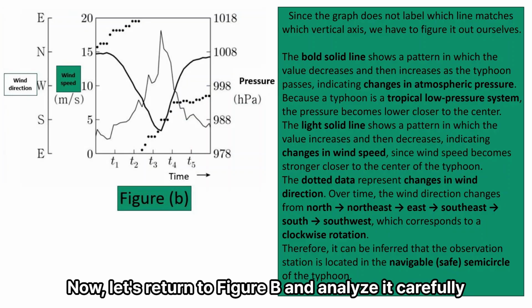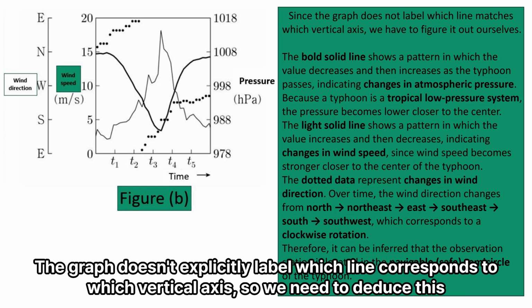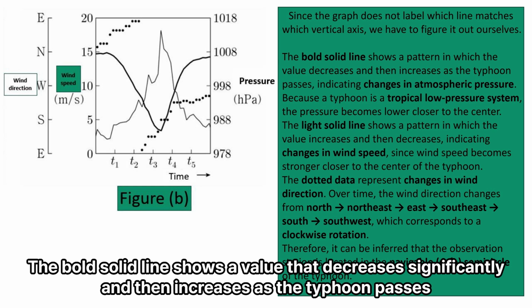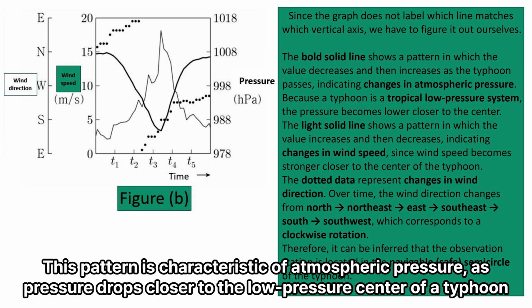Now, let's return to Figure B and analyze it carefully. The graph doesn't explicitly label which line corresponds to which vertical axis, so we need to deduce this. The bold, solid line shows a value that decreases significantly and then increases as the typhoon passes. This pattern is characteristic of atmospheric pressure, as pressure drops closer to the low-pressure center of a typhoon.